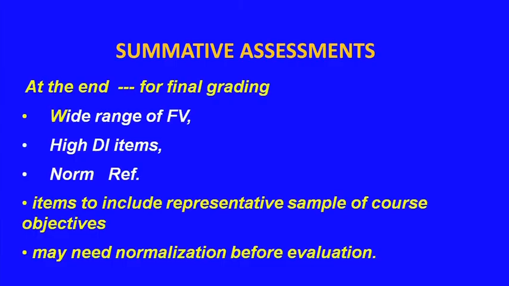A facilitation value of 1 would mean a very, very simple question. High DI items, high discrimination index items. These questions are able to differentiate between a good student and a not so good student.